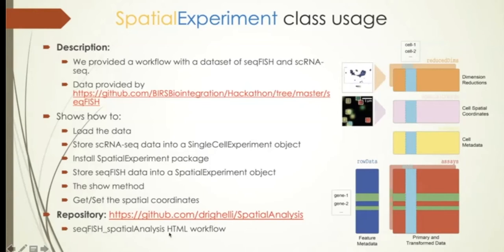You can find the seqFISH spatial analysis HTML workflow here, in order to understand how to load the data from file and how to store them inside the SingleCellExperiment for the single-cell RNA-seq and into the spatial experiment for the seqFISH data, and how to play with the class here.